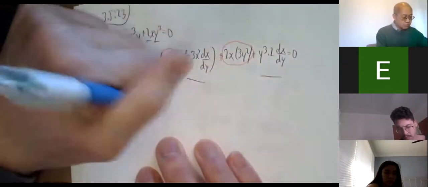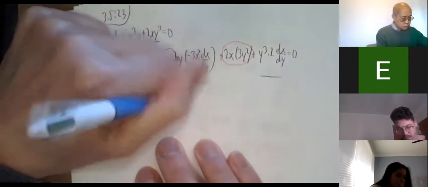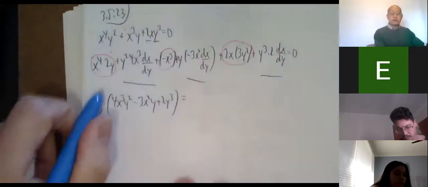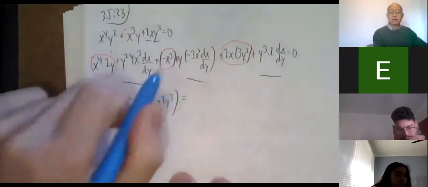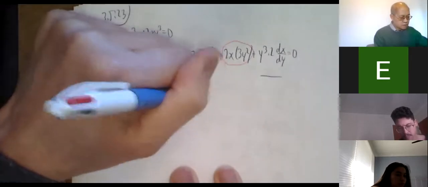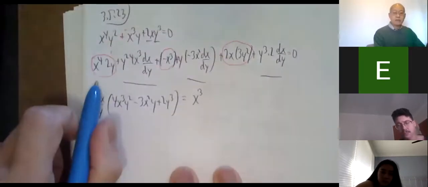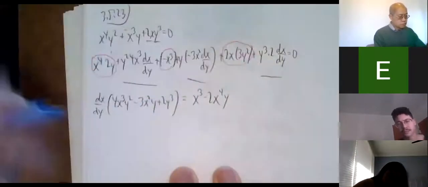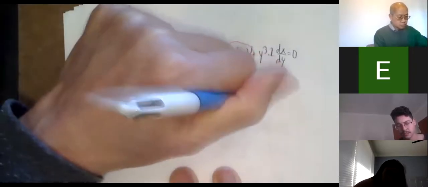And 2y cubed. Then all three of these will change sign as they go over. So that one is going to become a positive. That one is going to become a negative. And that one becomes a negative.